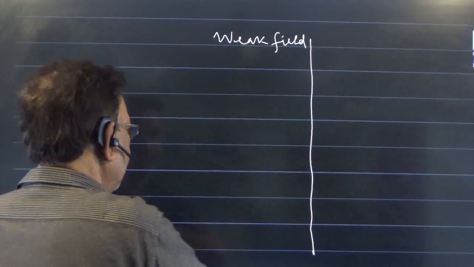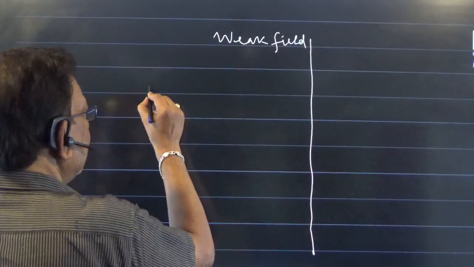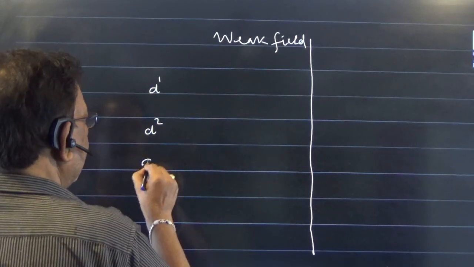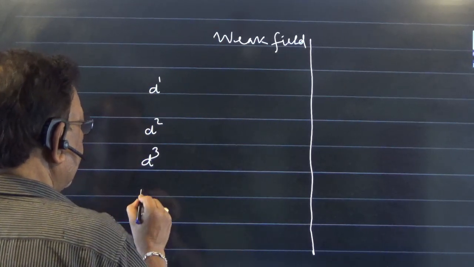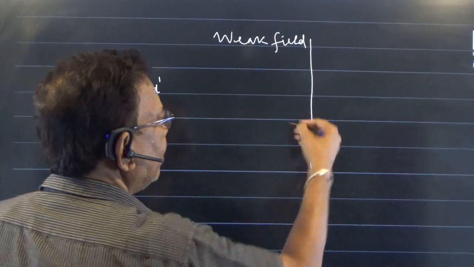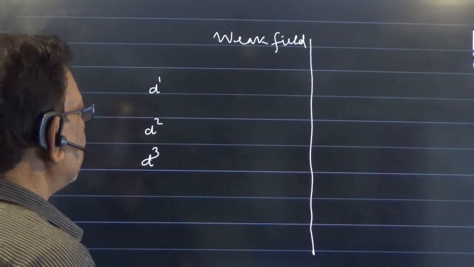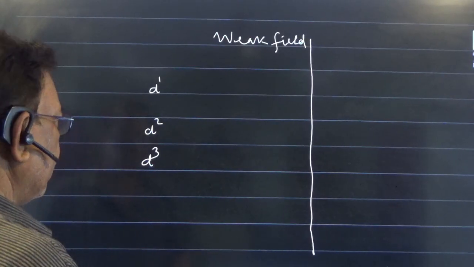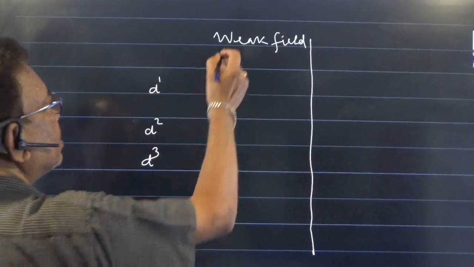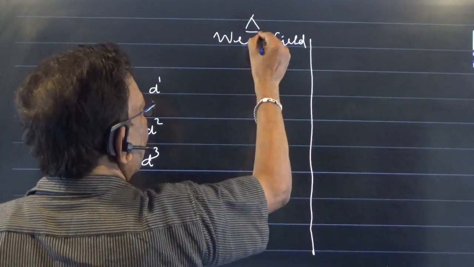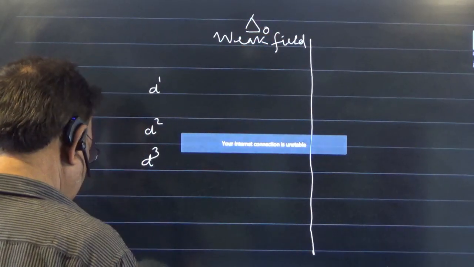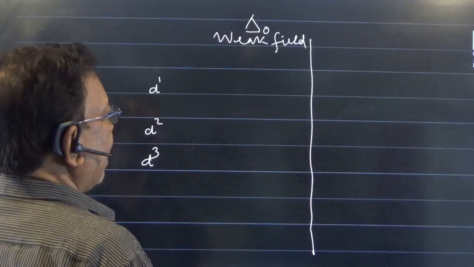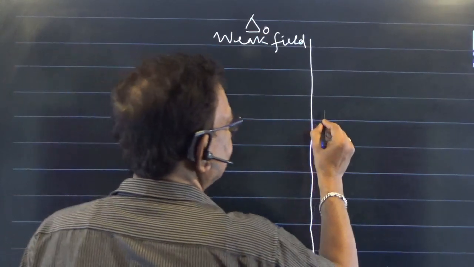In the weak field ligands, D1, D2, D3, then D4, D5, D6, so we'll do. First one is octahedral complexes. In the octahedral complex, the diagram is this.